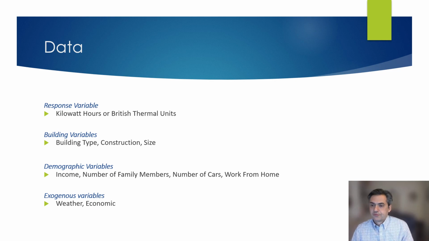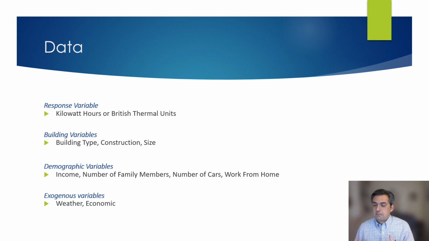So now I want to talk a little bit more about the data that we use to build this model. First there's the response variable, what we're trying to predict, and that's usage. That could be kilowatt hours, kilowatt hours per square foot, or BTUs. There's data about the building, and that affects usage: size, construction type, age of building. These are variables that affect how much electricity is consumed by a consumer. Then there are demographic variables. It could be income, number of family members, number of cars, whether or not they work from home.